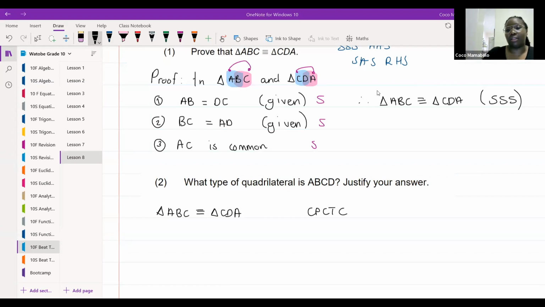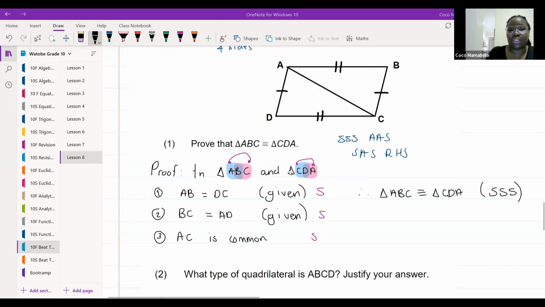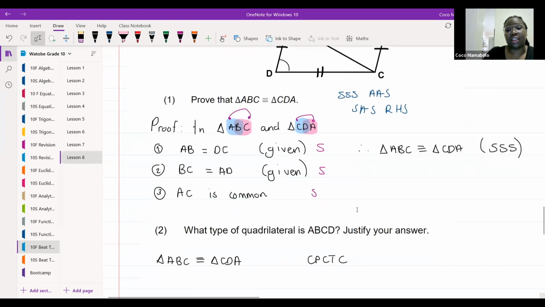That told me that my angle D will be equal to which angle? Which angle will angle D be equal to, guys? To angle B. Good. And that in itself proves that this is a parallelogram.